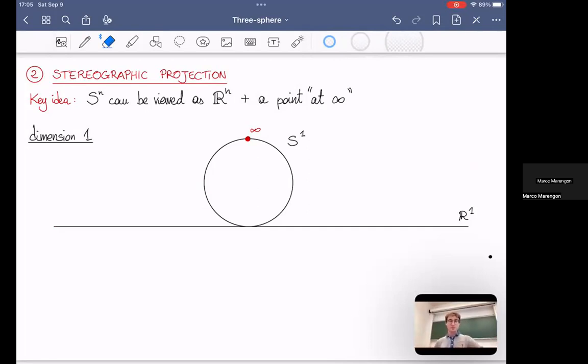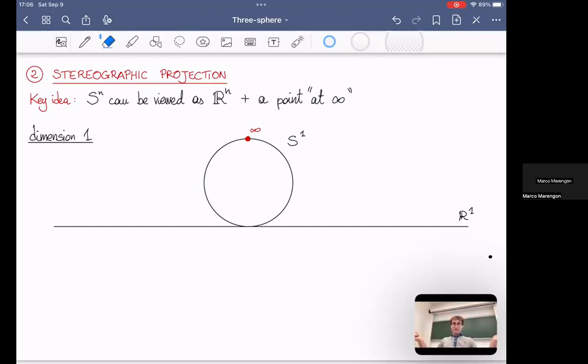I will start with dimension 1. I consider the real line, the line R1 that we mentioned earlier, that is one-dimensional. Now let's pretend that this line is made of some elastic material that has been stretched to infinity. And now I release this line, so it will contract.